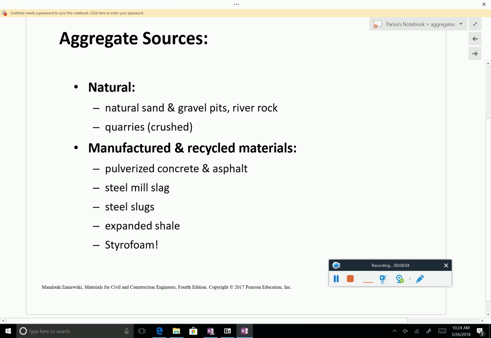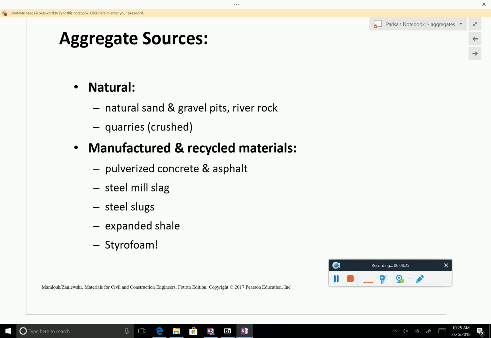So there are also other sources of aggregates. For example, we learned about steel manufacturing. The slag that is skimmed off the top of the molten material, you can also get artificial aggregates from there. And it's a nice way to use some of the byproducts.